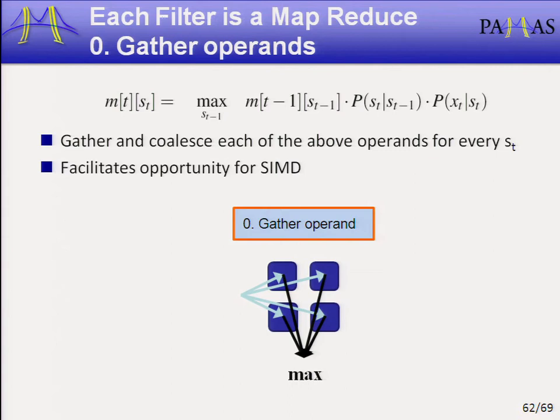Maybe to make it easier to reuse data? Data reuse or data locality, right? If we have to go chasing pointers around while we're trying to do parallelism, we're not going to get much done. So we get all the operands together, coalesce them. Remember, we're going to use this on an SPMD machine, so we're going to be able to get all the data in one place and then just crank right through it.